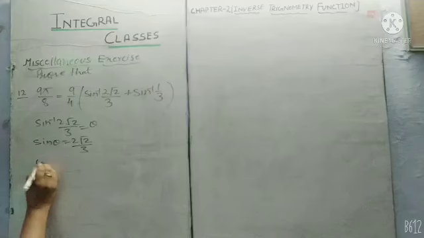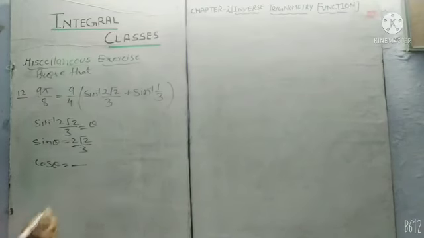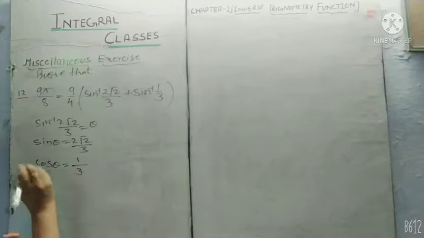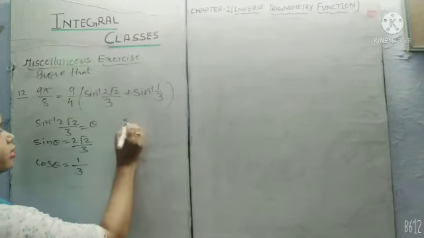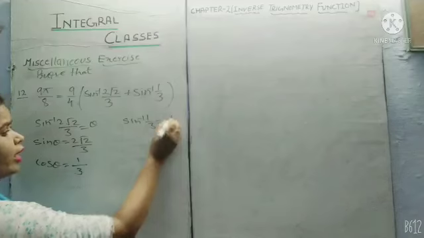Now we will find out the value of cos theta by a right angle triangle. So what is the cos theta? It will become cos theta equal to 1 upon 3. Similarly we will let sin inverse 1 by 3 equal to phi.